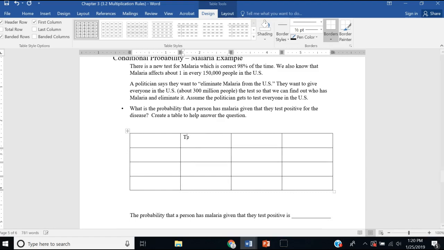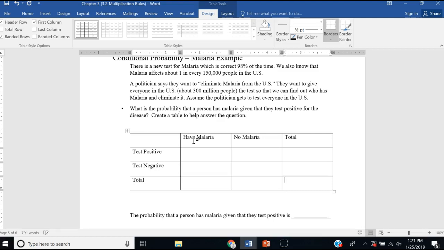So what did we say? We wanted to test positive. No, I'm sorry. I want to make sure that, so we're going to have malaria or not have malaria. And then we'll do the total people who have it. This is the group who test positive for the disease versus they test negative. And then again, we'll look at the total.